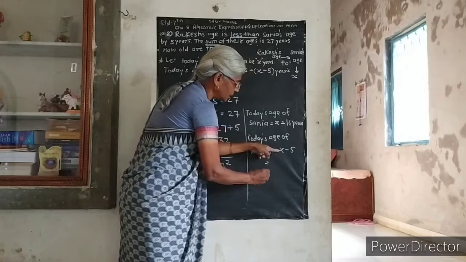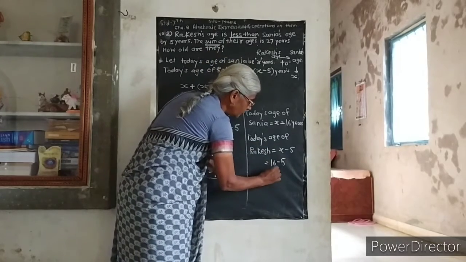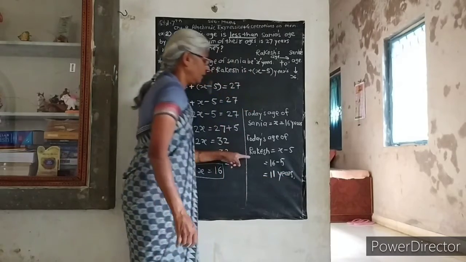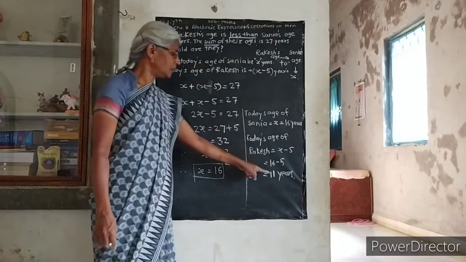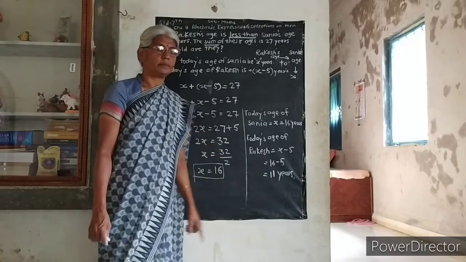Put the value of x, 16 minus 5 is equal to 11 years. Rakesh's age is 11 years, means Rakesh is 11 years old.